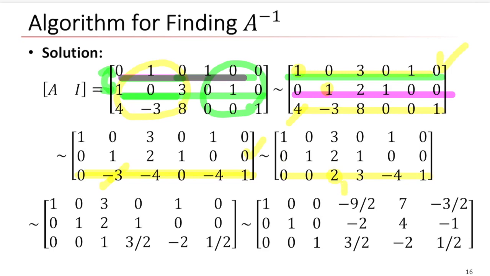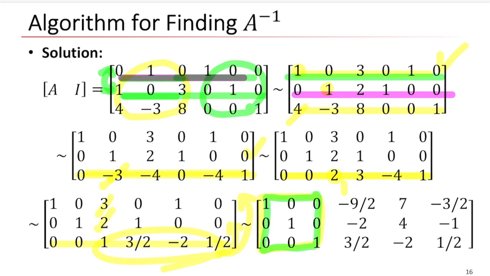Then we have to make this one a 1, right? Then we multiply this row by 1/2. So here, yeah. Then finally we have to remove this one by using this row, right? So we can use this one and this one. We can make this one.